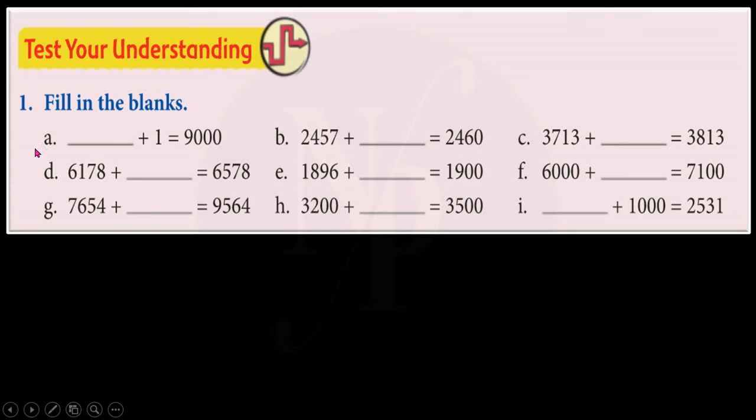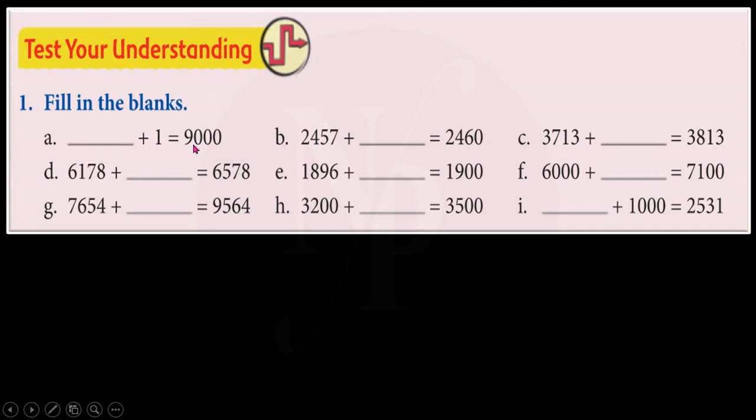So fill in the blanks. A, blank plus 1 is equal to 9,000. Dear children, look here. On adding 1 to a number, we will get 9,000, and we should write the number here to which on adding 1 we get 9,000.